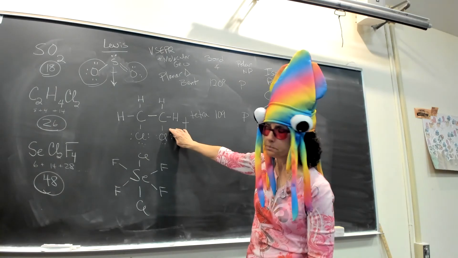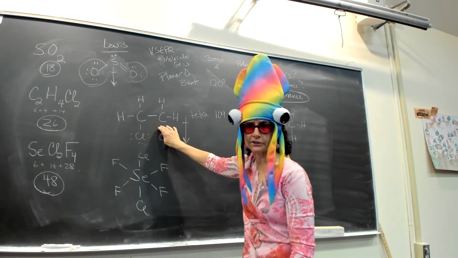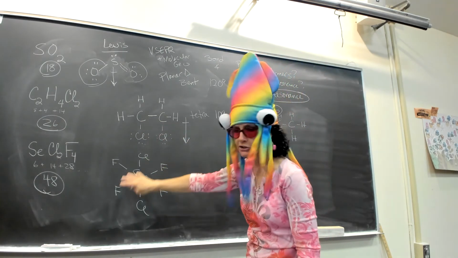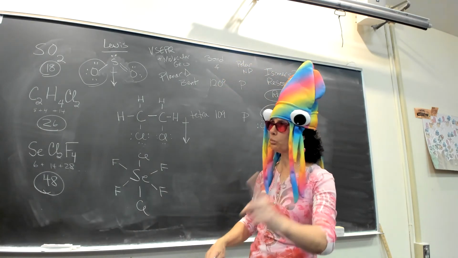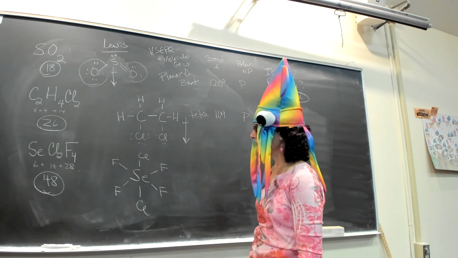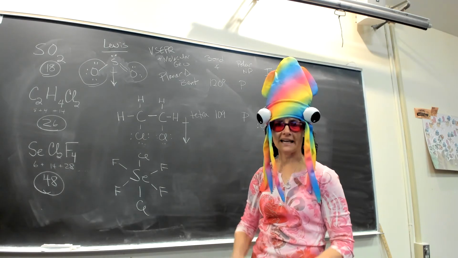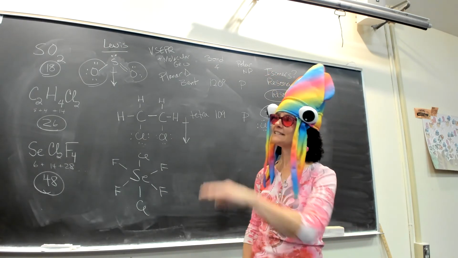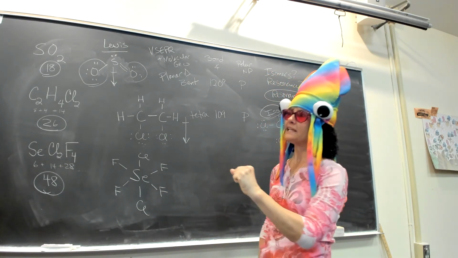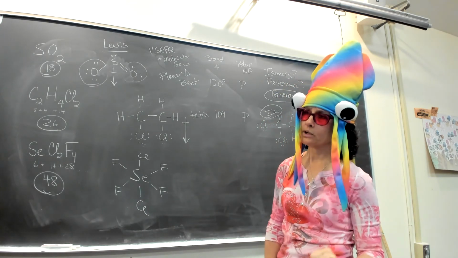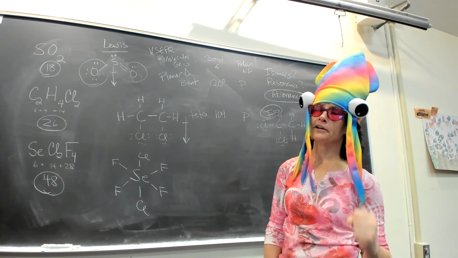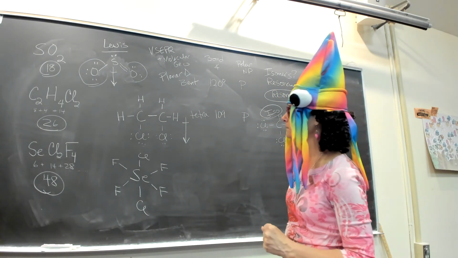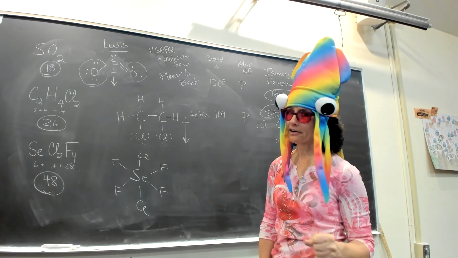When you have multiple carbons, you will have multiple centers. Otherwise, you're going to try and keep everything with one center. Selenium can expand beyond the octet because it's in the 3rd period. Once we get in the 3rd period, d orbitals are available. On the periodic table, we don't show the d orbitals yet, but they are available.